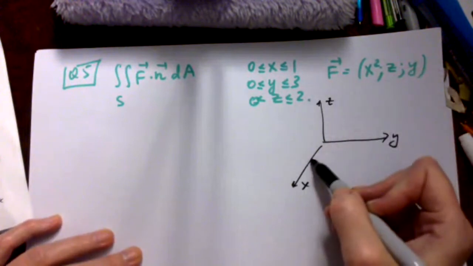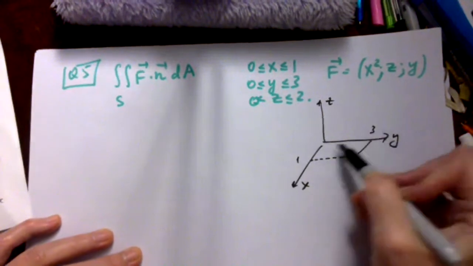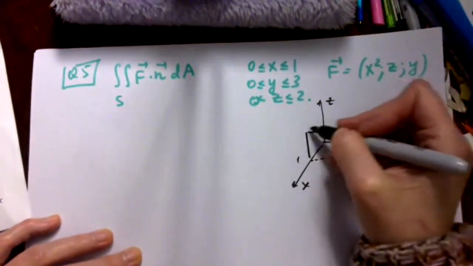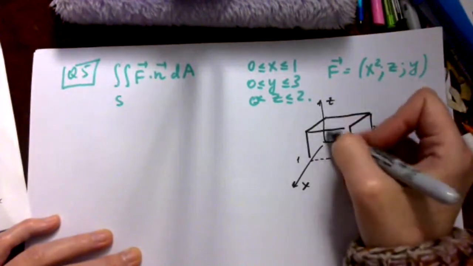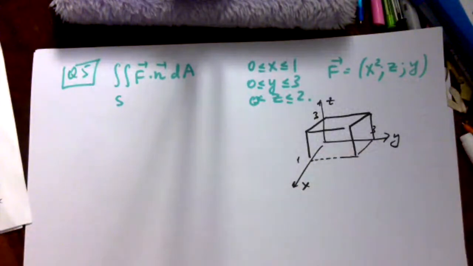We can plot it, but luckily we are dealing with a very simple case. x is between 0 and 1, y is between 0 and 3, and z is between 0 and 3. We can start drawing this box. The box does satisfy all three requirements.